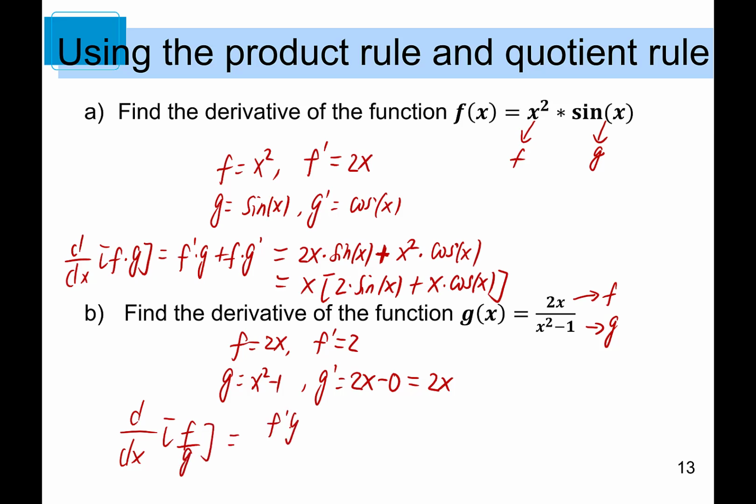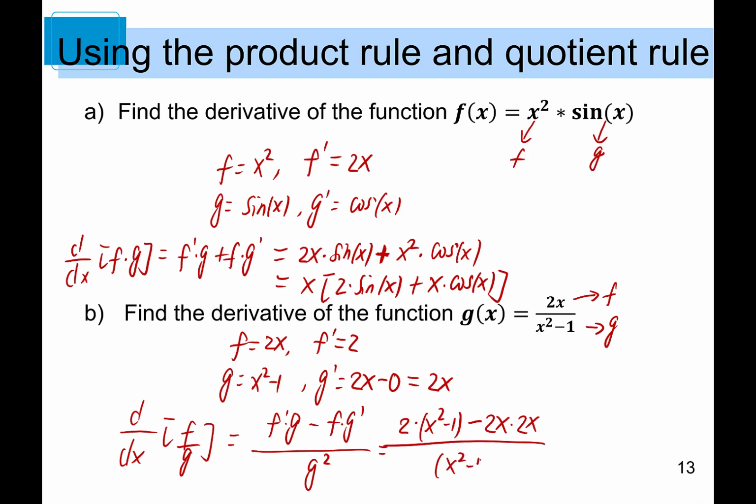So then we have f prime g minus f g prime over g squared. F prime is 2 times g, which is x squared minus 1, minus 2x times g prime, which is 2x, over g squared, which is (x squared minus 1) squared. So we have 2x squared minus 2 after distributing, minus 4x squared, over (x squared minus 1) to the second.